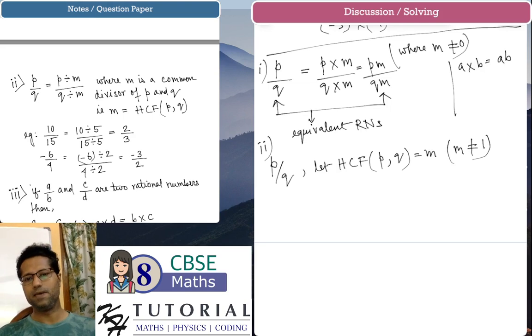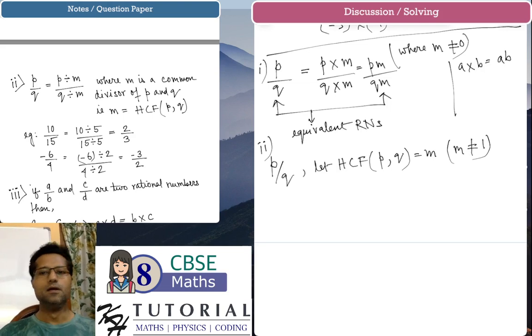Let's say p by q is such a rational number that the HCF of p and q is m, where m is not equal to 1, which means that p and q are not co-prime, that is, they have a common divisor which is not equal to 1.